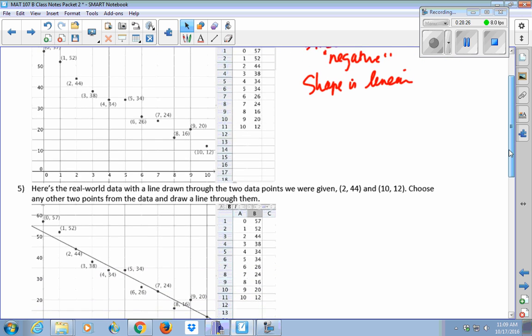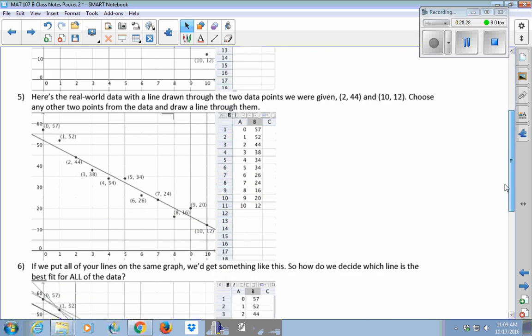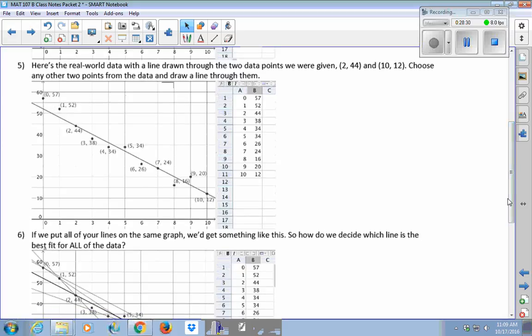Okay, so if we took the 2 points that we chose to start off this demo today, 2, 44 and 10, 12, that's the line that you would draw between those 2 points. And I don't know, what do you think? Does that look pretty good? Yeah, you can see that the points are sort of clustered about that line.